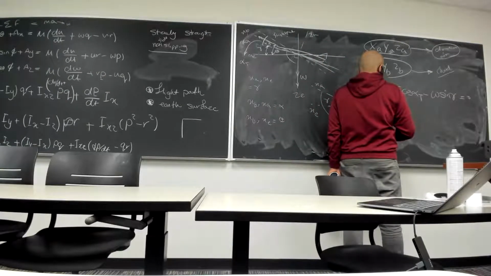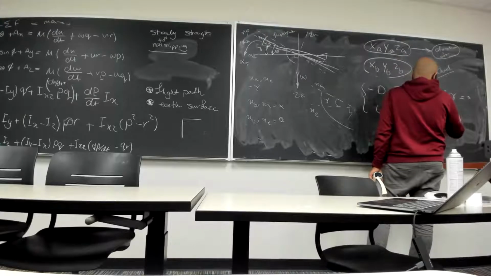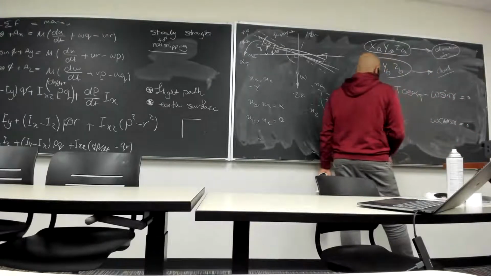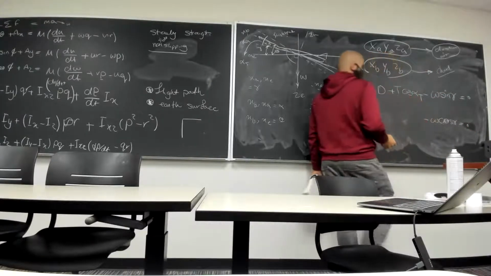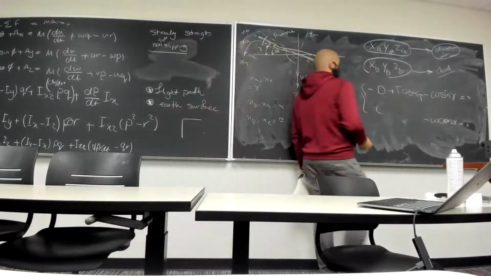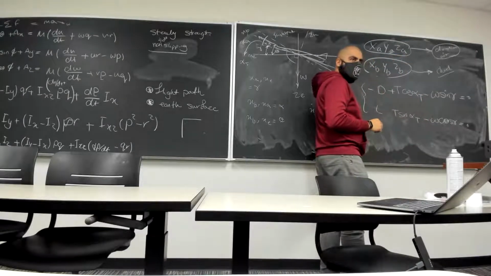Then we have weight, cosine of gamma. And we have the thrust, which is thrust sine of alpha T. There we go. We're done. That's it, right? I think so.